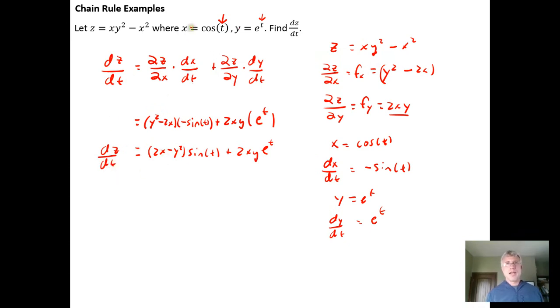So because x and y are functions of t, if we're going to do dz dt, it makes sense to then substitute.